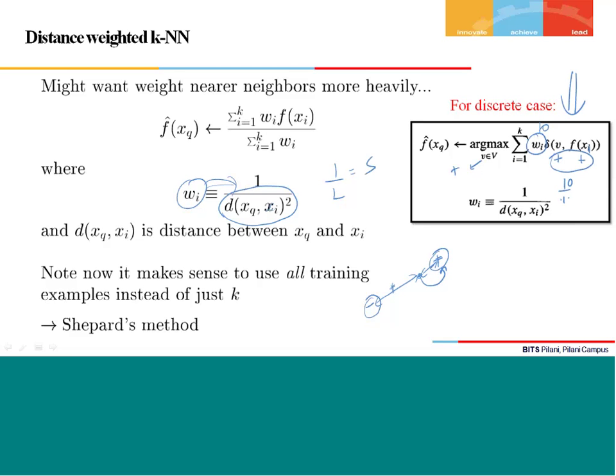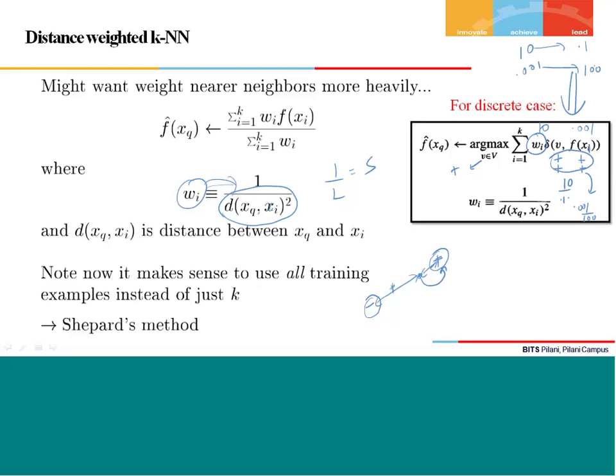When I take my second point for positive, let's say the distance is 100. So 1 upon 100 will be 0.01, so my weight will be 0.01. Now I have two class labels, one with a weight of 10 and the other with a much smaller weight, since the first distance was only 0.1 and the second was 100.